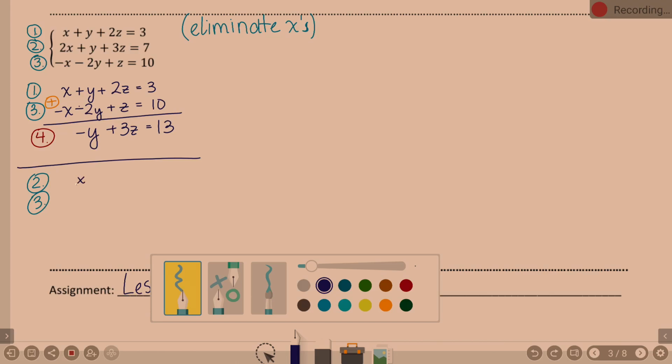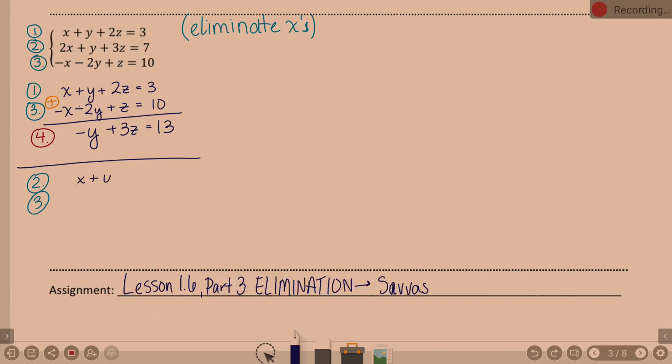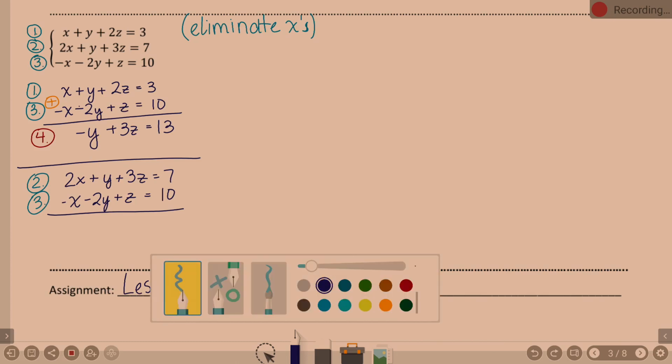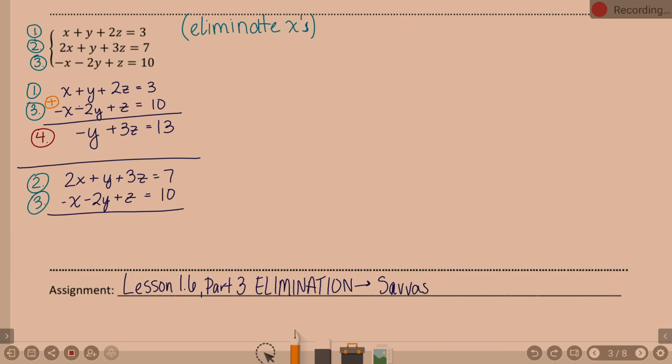Equation 2 is 2x plus y plus 3z equals 7. Equation 3, negative x minus 2y plus z equals 10. Okay. In order to eliminate x's, we said we're going to have to multiply equation 3 by 2.